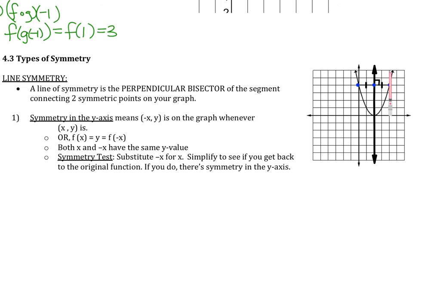Off to the side here, this is what line symmetry would look like. We've done this already when you had an axis of symmetry on your parabolas. It just means that the line of symmetry would be the perpendicular bisector connecting any 2 points on your graph.